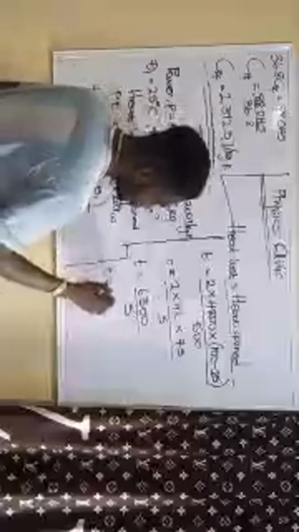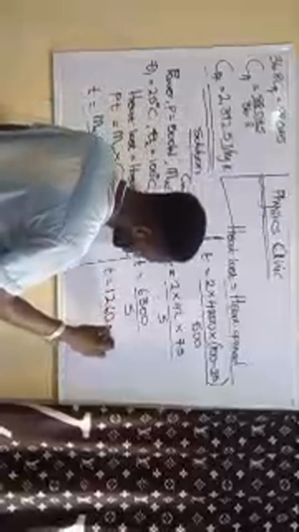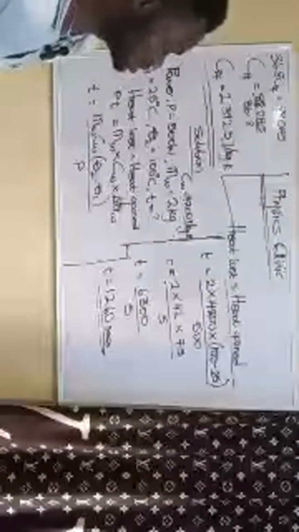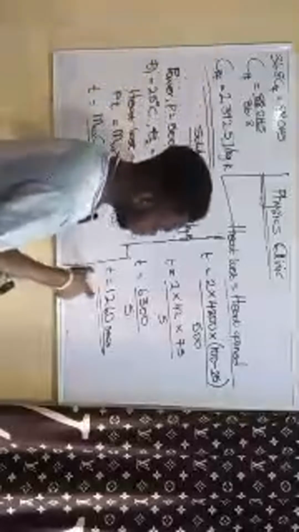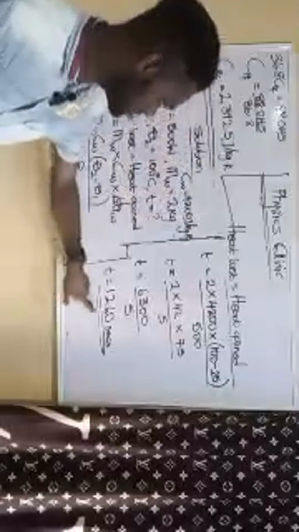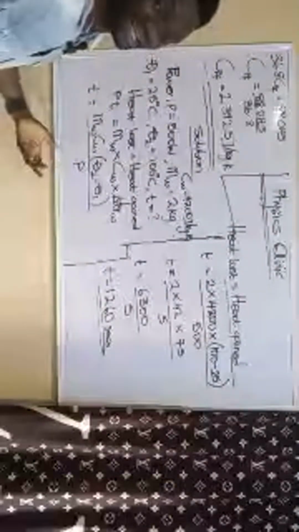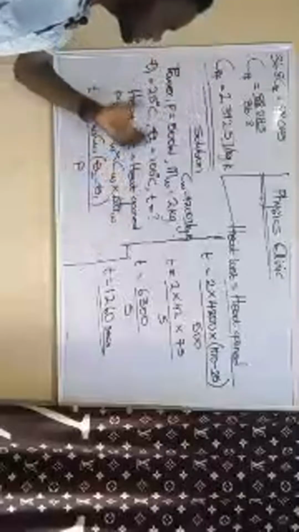That is 1,260 seconds. It means that the heater was on for 1,260 seconds. It is through this time that it was able to supply the amount of heat that was gained by the water that causes the water to rise from 25 to 100.